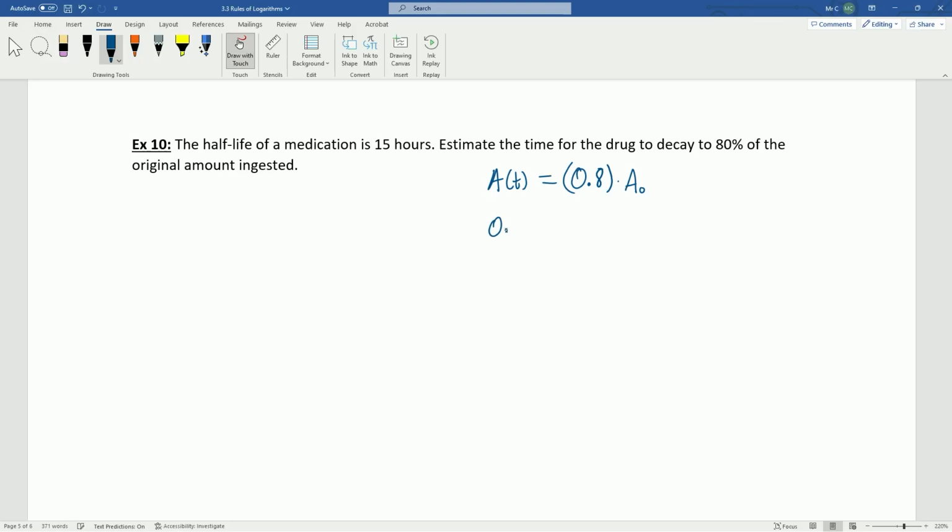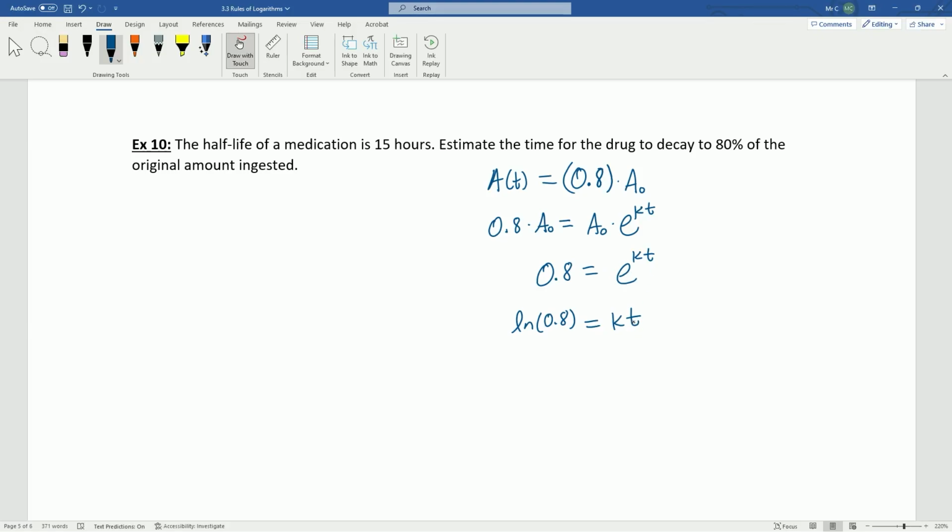So 0.8 times the initial amount equals A0 times e to the kt. If I divide by A0, I get 0.8 equals e to the kt. If I take the natural log of both sides, the natural log of 0.8 equals k times t, right? Natural log of e to the kt is just kt.